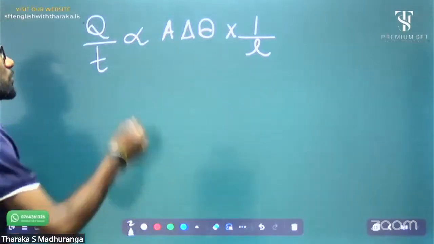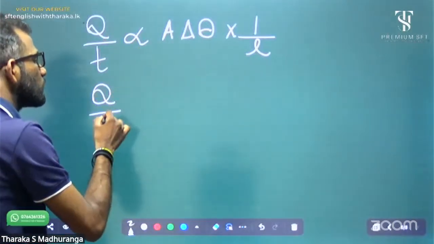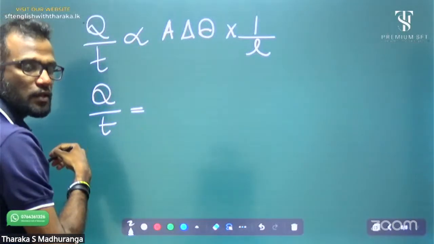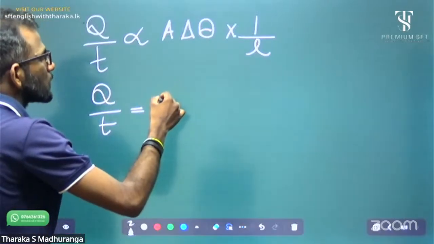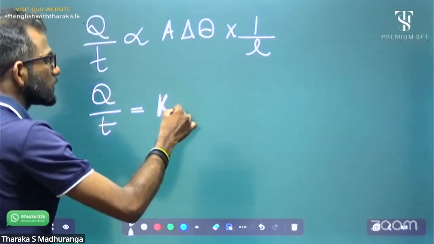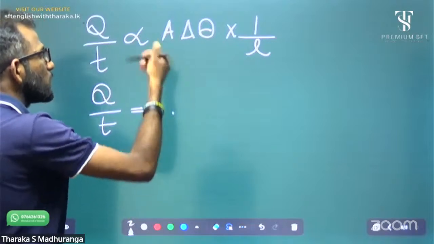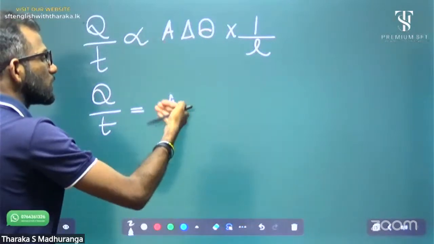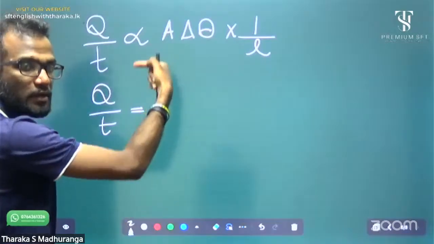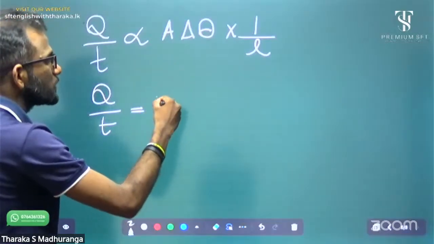Now to remove the proportional mark, Q over T equals K, where K is a constant. I always say that if you remove the proportional mark and replace it with equals, we have to use a constant.